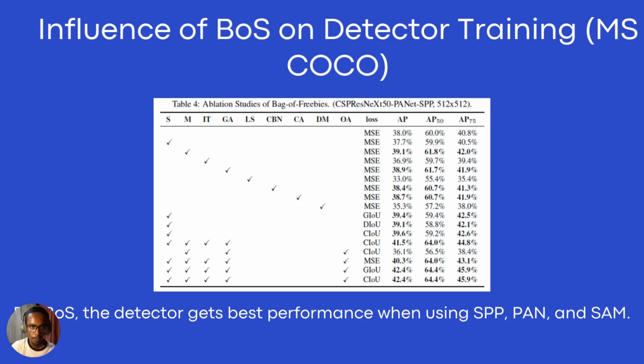And the influence of the Bag of Specials, the BOS, on detector training: for BOS, the detector gets best performance when using SPP, PAN, and SAM. We have seen that BOS is modifying the architecture. And when we use SPP, PAN, and the spatial attention module, we get the highest accuracy for the detector.